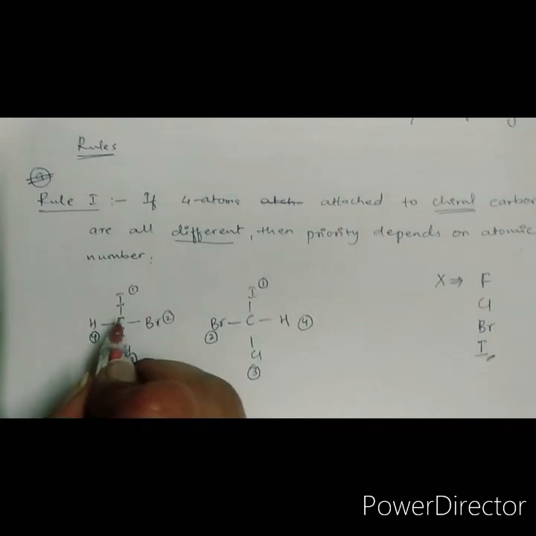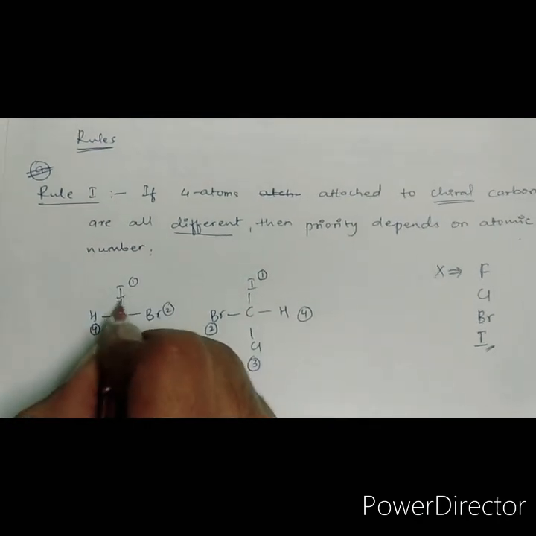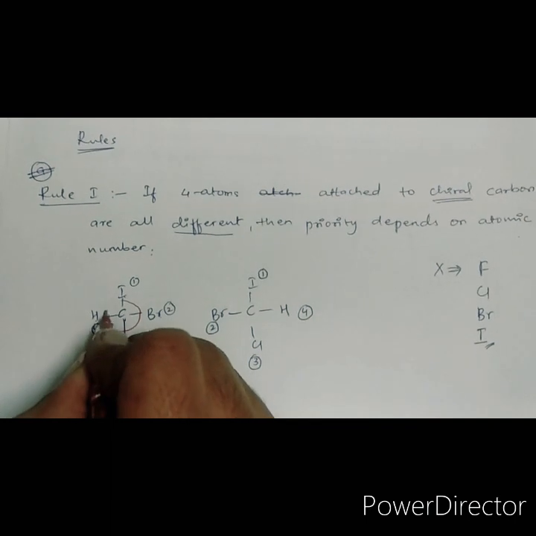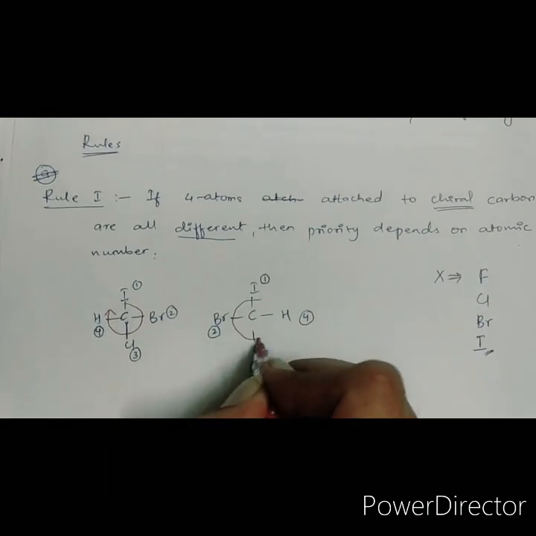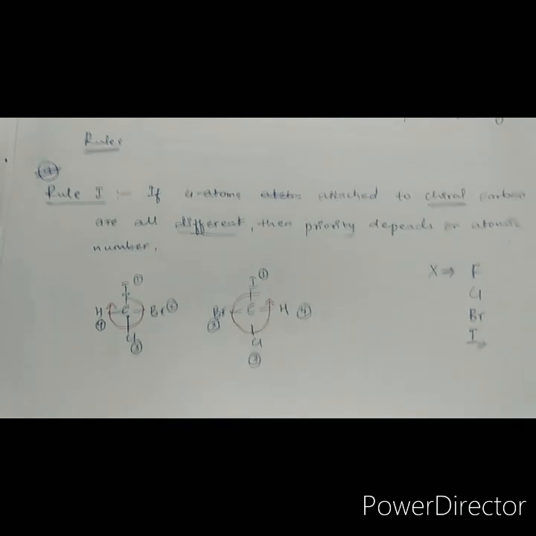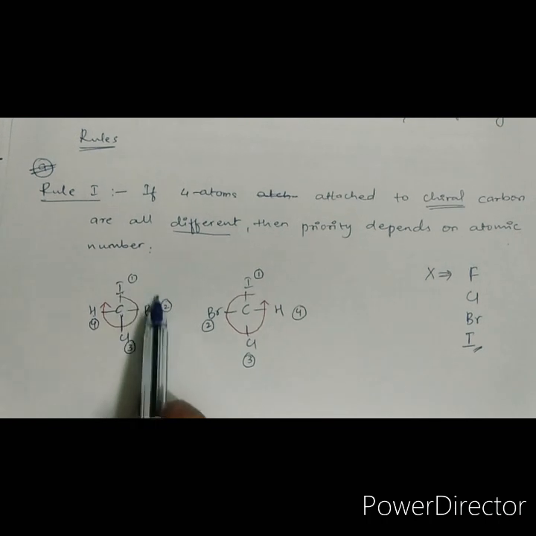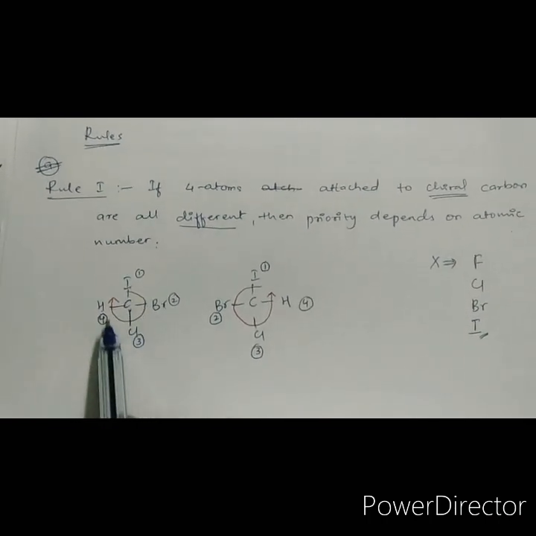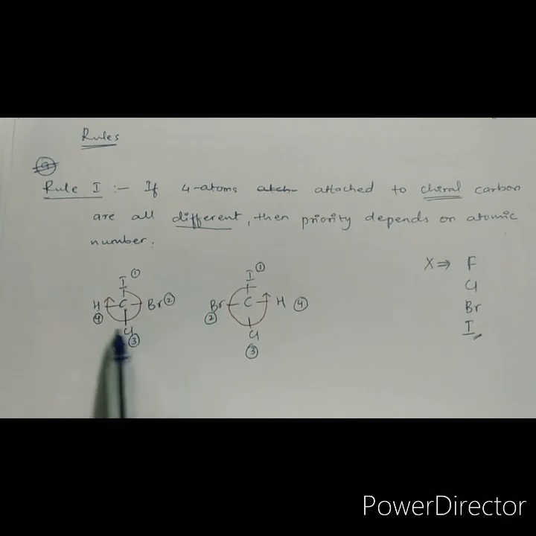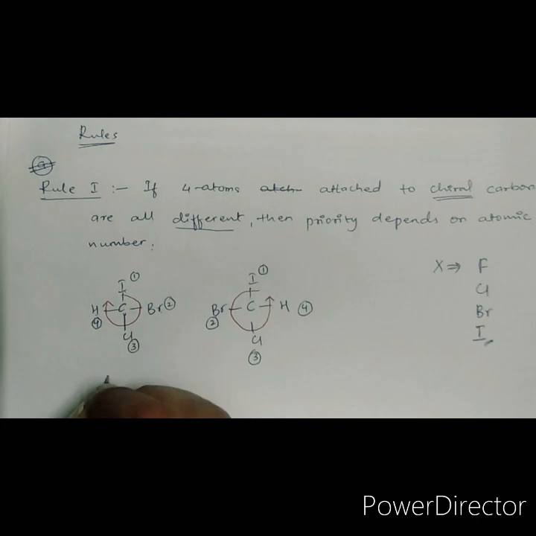If we see the movement of this molecule, it goes iodine, bromine, chlorine and hydrogen. If the priorities of the atoms run in the left hand direction, this is assigned as the S isomer.